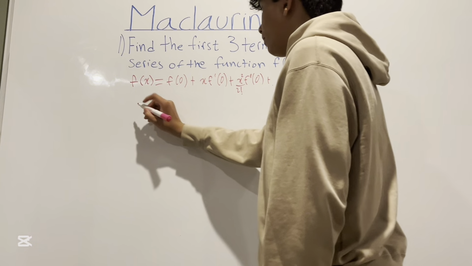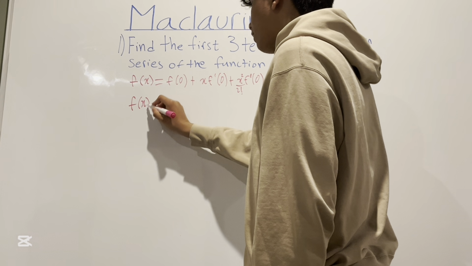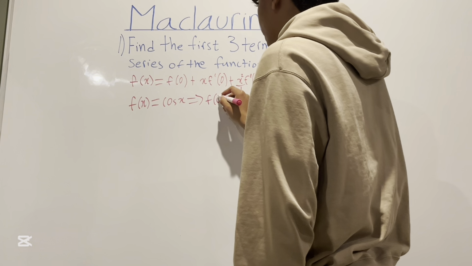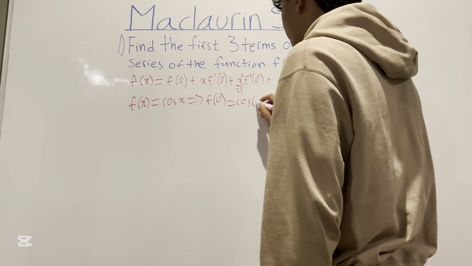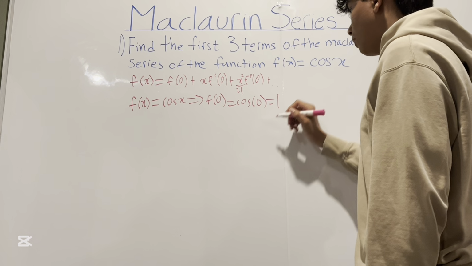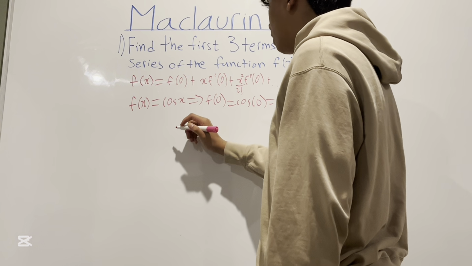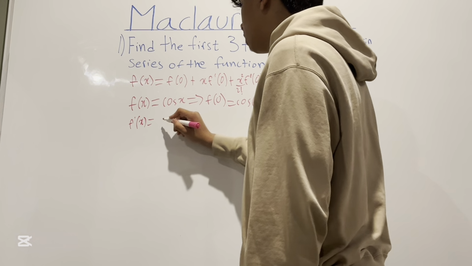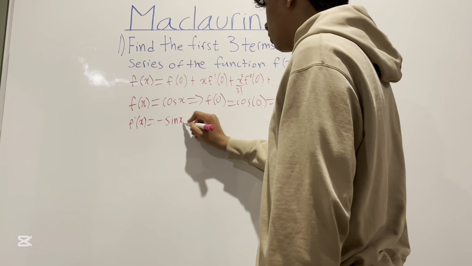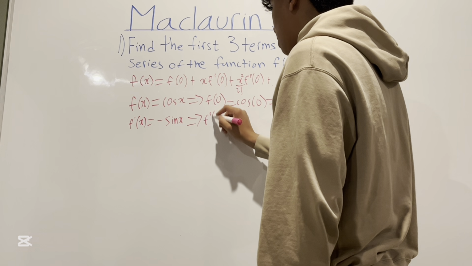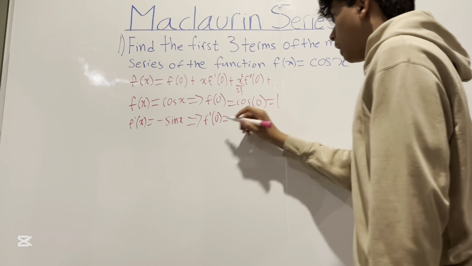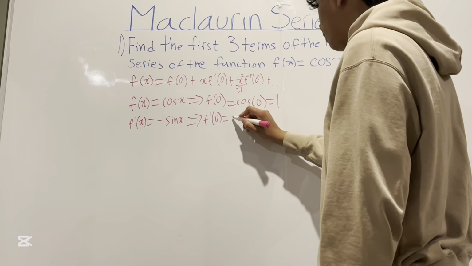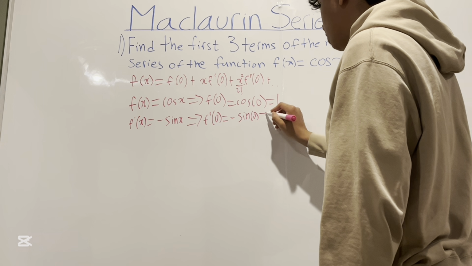So let's just say f of x is equal to cosine x. So f of 0 is equal to cosine 0, which is equal to 1. Next, we have to find the derivative of f of x. So f prime of x is equal to negative sine x. So f prime of 0 is equal to negative sine 0, and sine 0 is 0, so negative sine 0 is still 0.